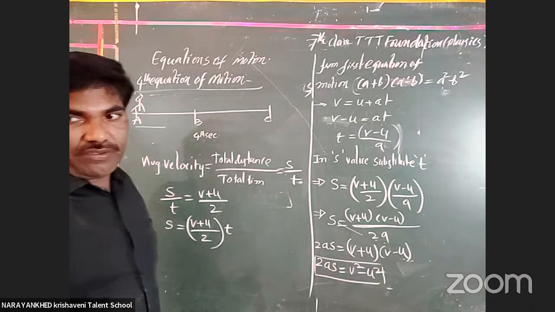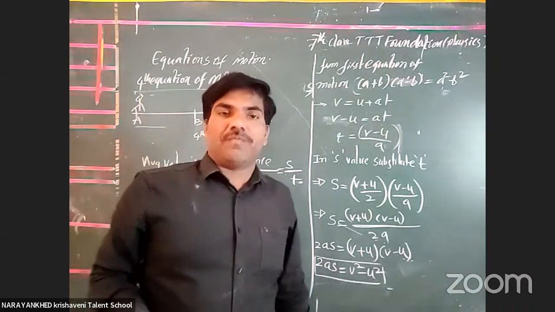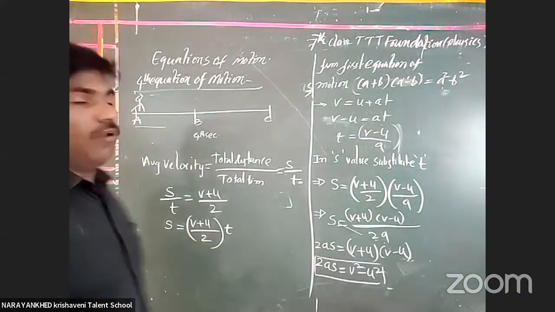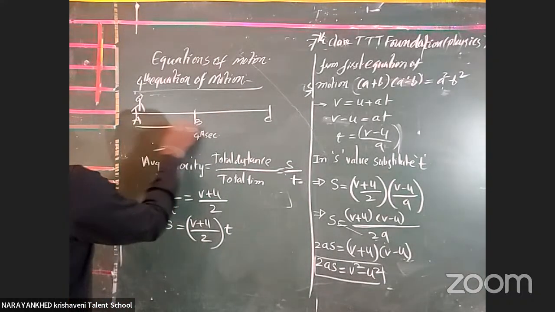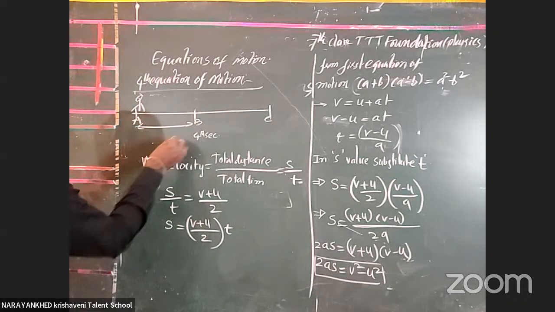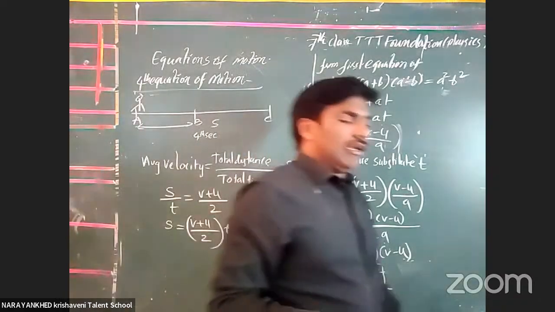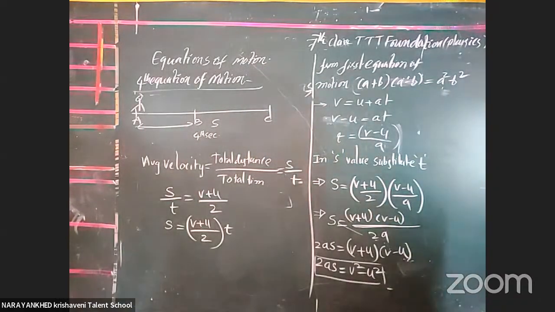For this purpose, you have to take the nth value, Sn. How to find it here? Totally, n minus 1 as well as n. When you take totals, we have taken n minus 1 to nth second.